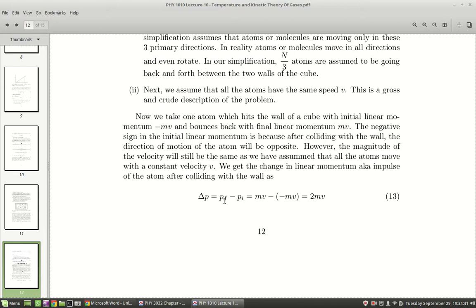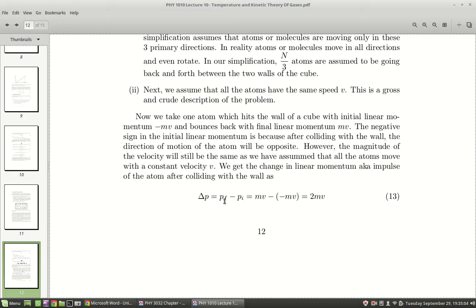So what we want to find is the change in momentum after the atom leaves one end, hits the wall, then comes back. We have assumed that these atoms are moving with the same speed. So as the atom hits the wall, it will still be moving with the same speed as it comes back. The only thing that would have changed is the direction.